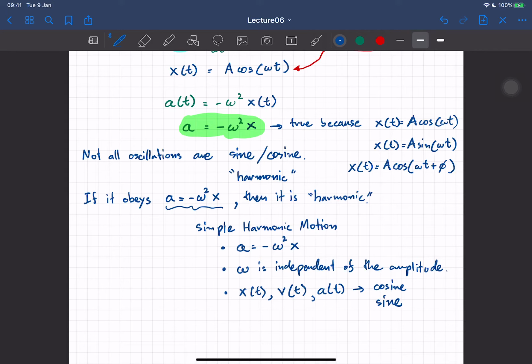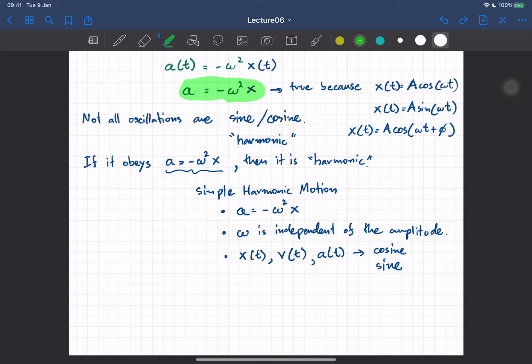So whatever you do when you're trying to analyze your system, if you end up with an equation that looks like this, then you can say right away that it's a simple harmonic motion. And not only that, you can just read off the oscillation frequency because that's given by omega. And that's exactly what we're going to do for the spring system that we had in the beginning.